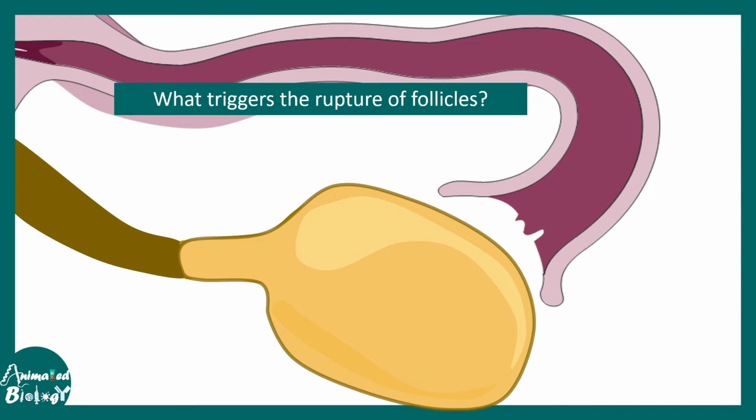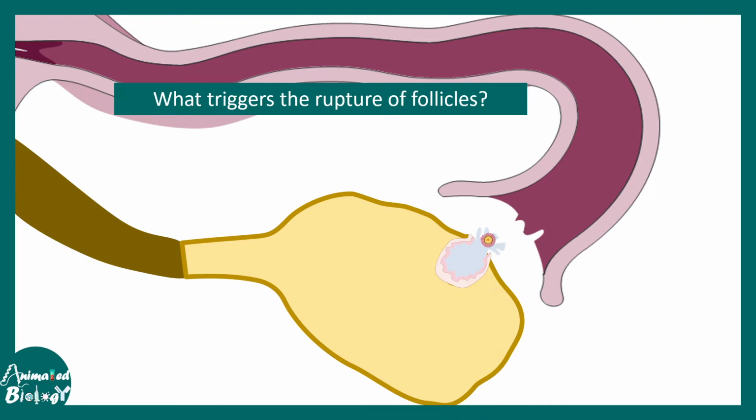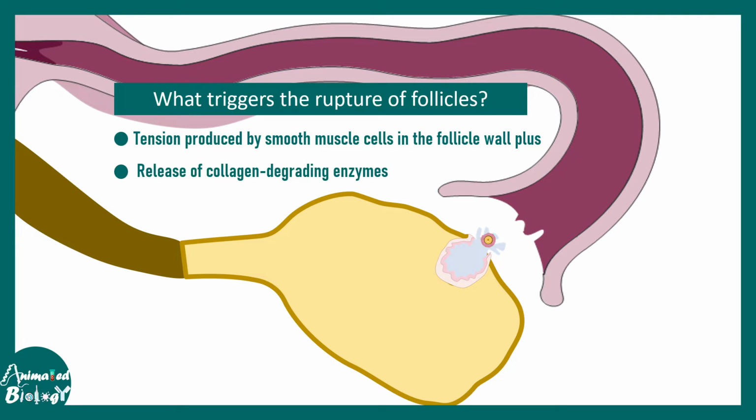Then there are triggers that rupture the follicle: tension produced by the smooth muscle cells in the follicular wall, and collagen-degrading enzymes that act to release the oocyte into the fallopian tube.